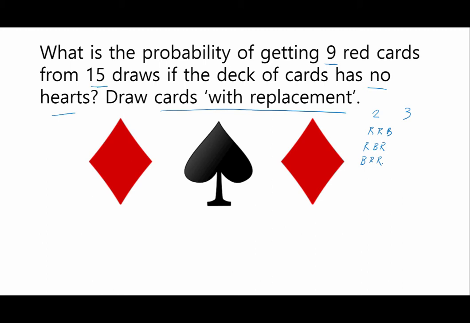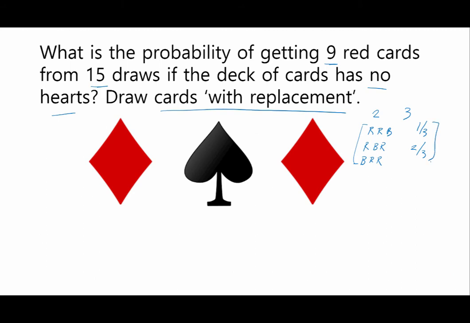What was the probability of getting a red out of this deck? It was 1/3, and the probability of not getting a red was 2/3. So here we establish the different ways we could get 2 out of 3, and we establish the probabilities.